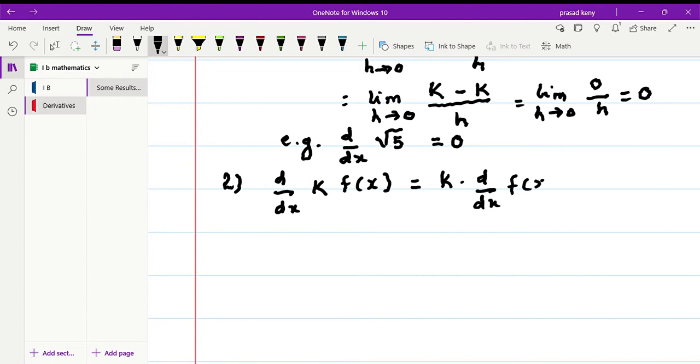Now in this case, this k is called the coefficient of f(x). So this coefficient, that is a constant with f(x), can be taken out of the derivative, and then we can take the derivative of function f(x).